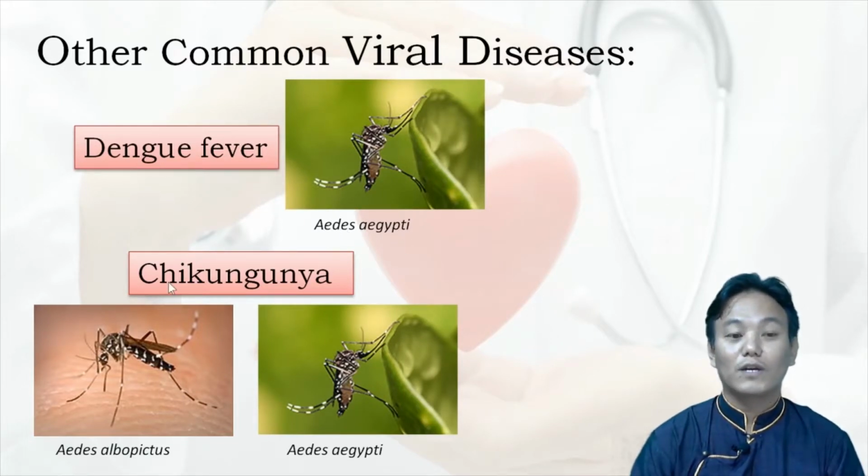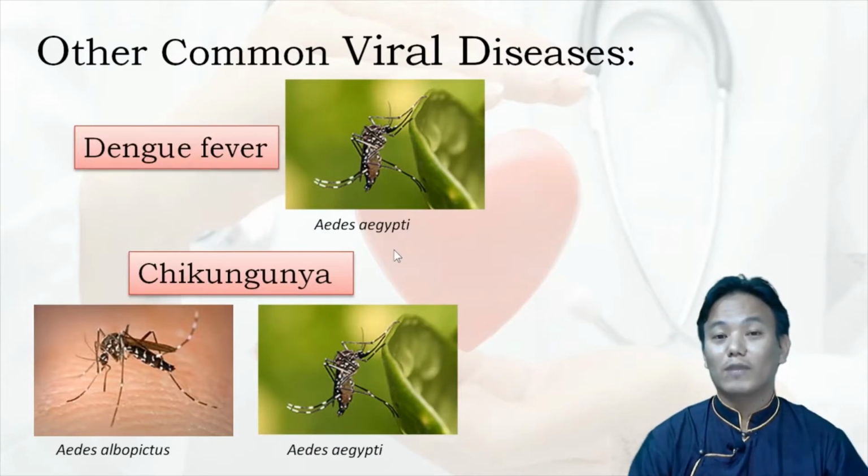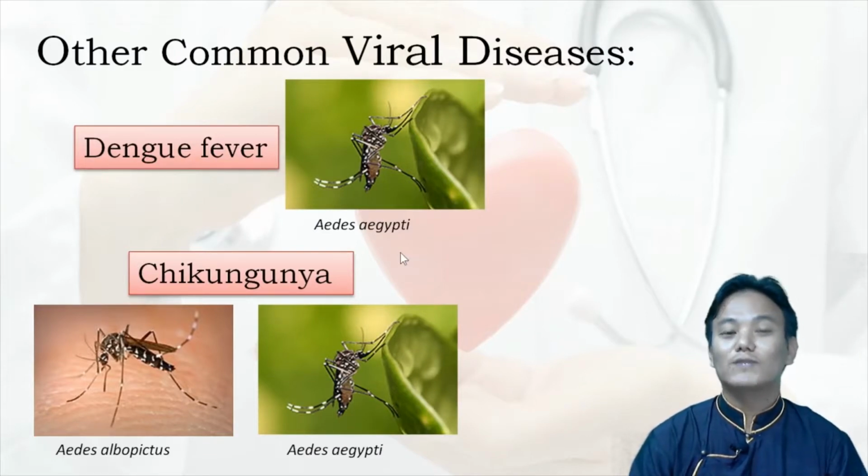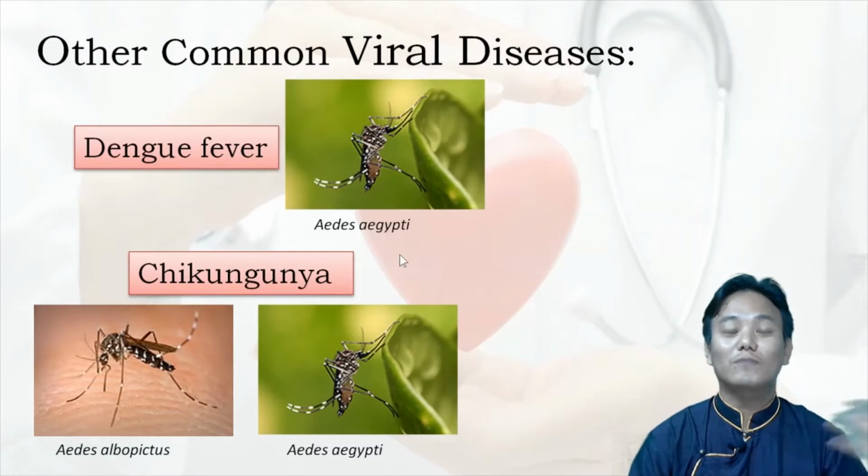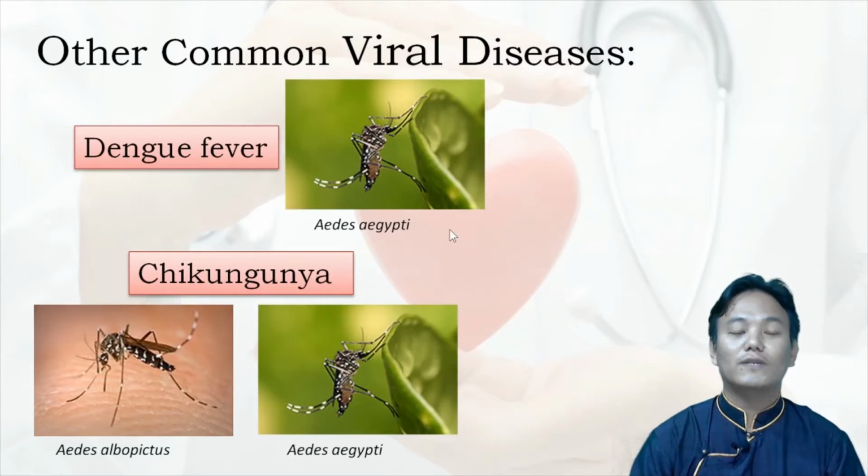Chikungunya is spread by Aedes albopictus as well as Aedes aegypti. We will be studying malaria in a later video. Malaria is also spread by mosquitoes, but that mosquito is different. You might remember Anopheles mosquitoes. So there are different species of mosquitoes responsible for carrying pathogens. Okay, so that is about some common viral diseases.